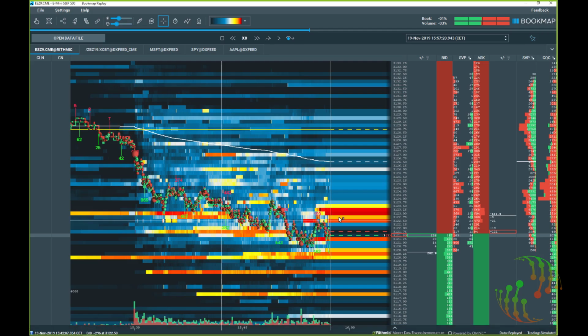Remember this, and have a look at this area at 23.